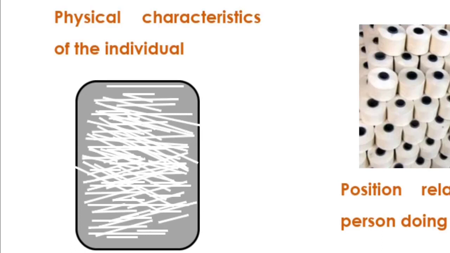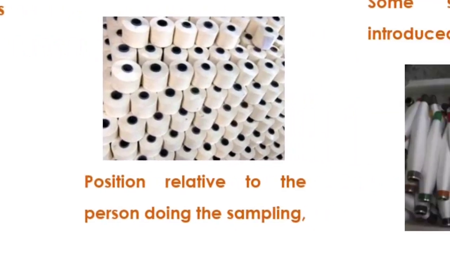Obviously it is very easy to collect long fibers and measure their length. It is a bit difficult to collect short fibers using forceps and measure their length. So while you collect the sample, you may give importance to longer fibers, and this biasing is due to the physical characteristics of the individual. So this is the first cause of biased sample.